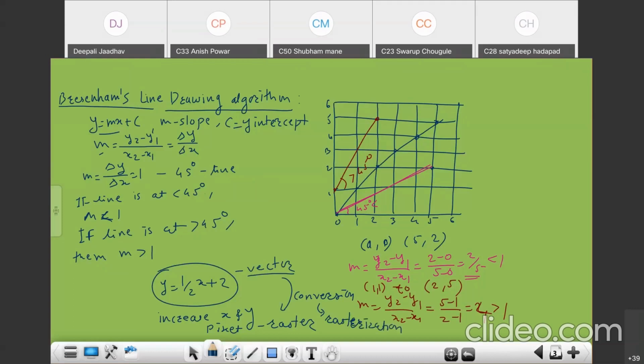Remember this definition: conversion of the vector into raster is known as rasterization. Why? Because with the help of a vector, we cannot draw a line on the screen. For screen drawing, we require pixels.